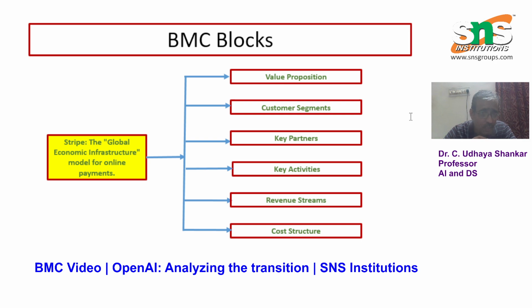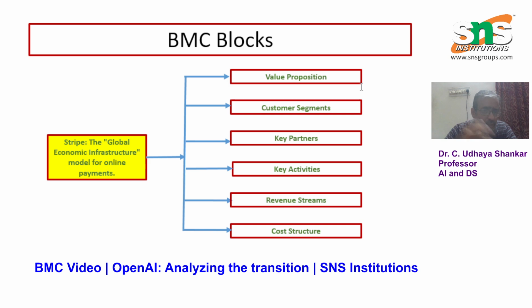So the BMC blocks are like this. For example, they are using the developer-first experience as the value proposition, which reduces months of financial engineering into minutes of integration and unified global payouts.